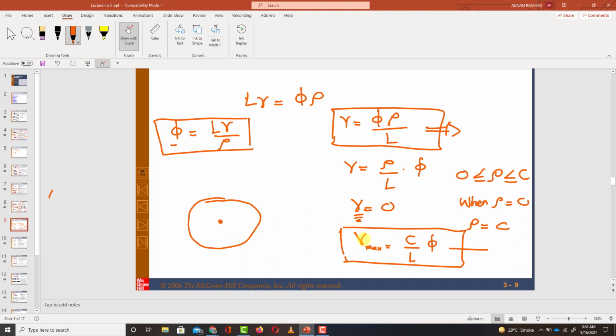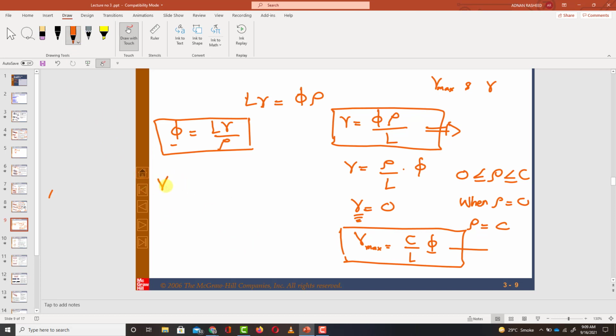Now you can also get a relationship between gamma max and gamma. How? You simply put the value of phi in this equation.